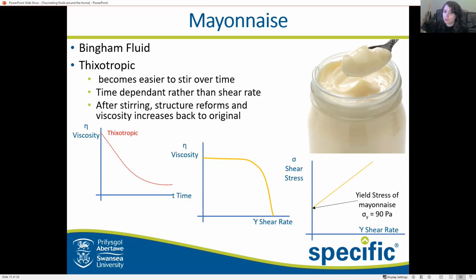However, this is also affected not only by the shear rate, so not just how fast we stir it, but also how long we stir it for. As we stir it for longer and longer, that viscosity gradually reduces, meaning it will flow more readily over time. If I can give you a little demonstration on that, I will grab my mayonnaise.